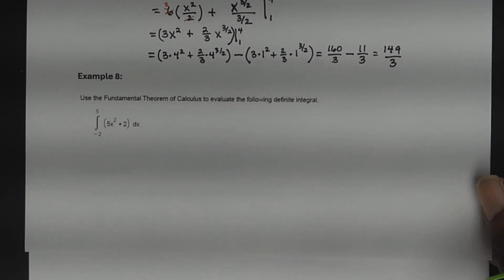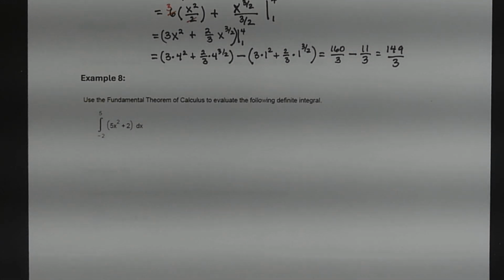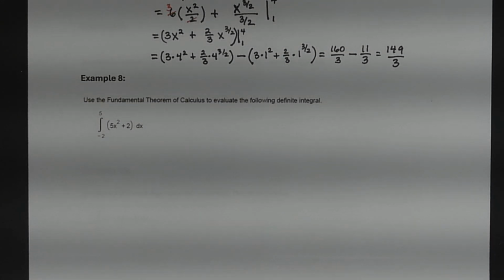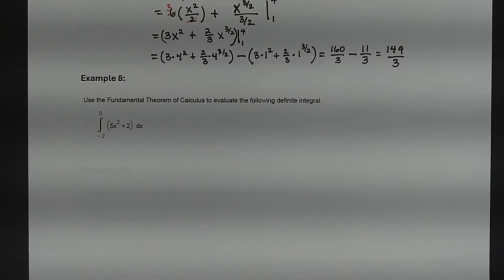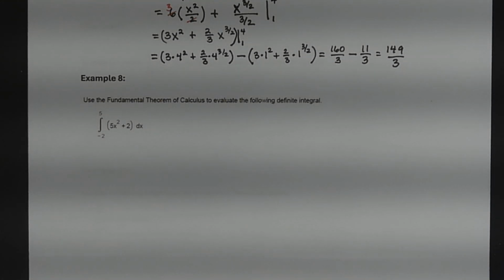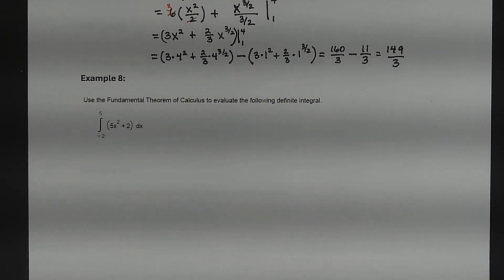All right, example 8. Let's say I want to use the fundamental theorem of calculus to evaluate the following definite integral. In this case, we got the integral from -2 to 5 of 5x squared plus 2 dx.